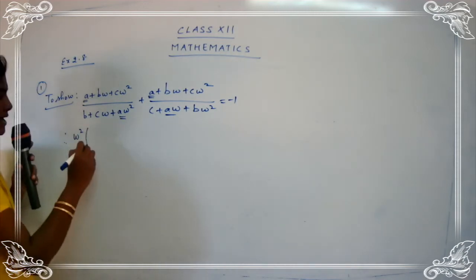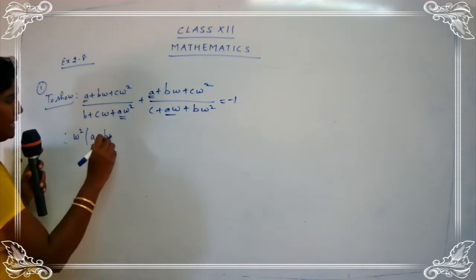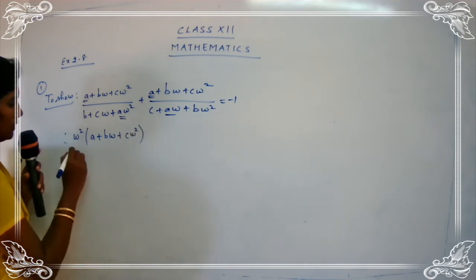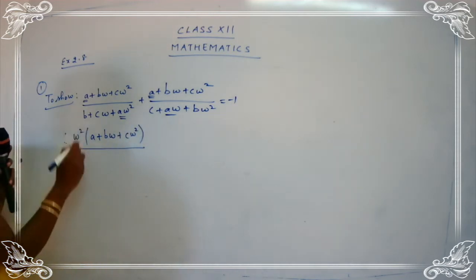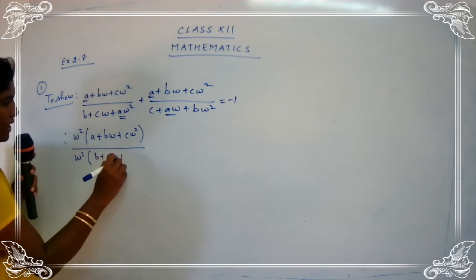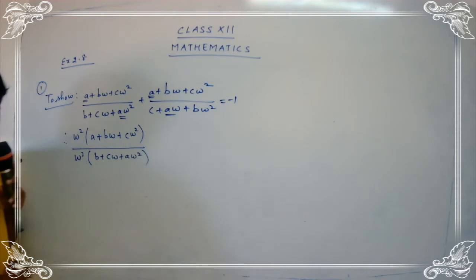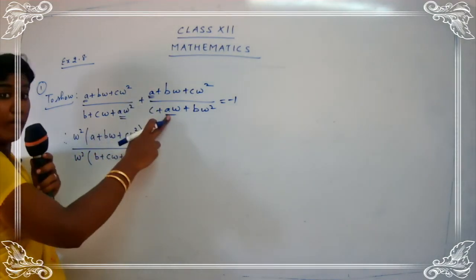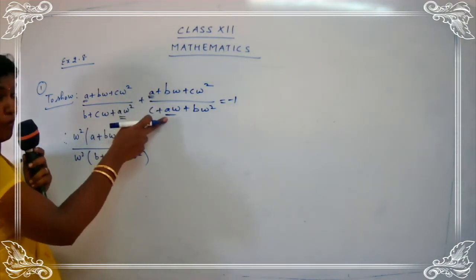Okay, so this is omega square into (A plus B omega plus C omega square) upon (omega square B plus C omega plus A omega square). Now here this is A and this is A omega. So we are going to multiply by omega.